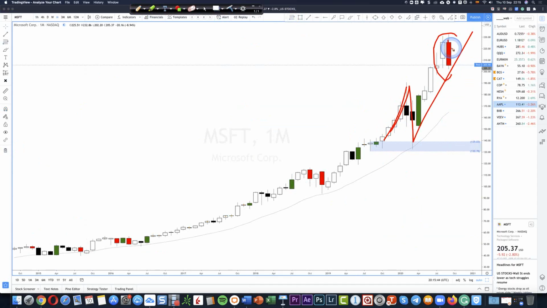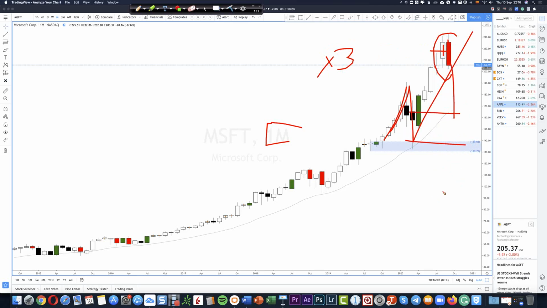Of the monthly candle. This is the monthly candle. This candle is only 10 days old. This candle is 30 days old. In 10 days, this candle is 3 times faster than the previous candle. What do you think is going to happen? Probably it's going to drop all the way down to the origin of the move.